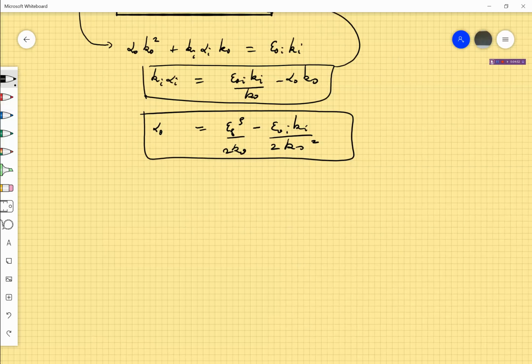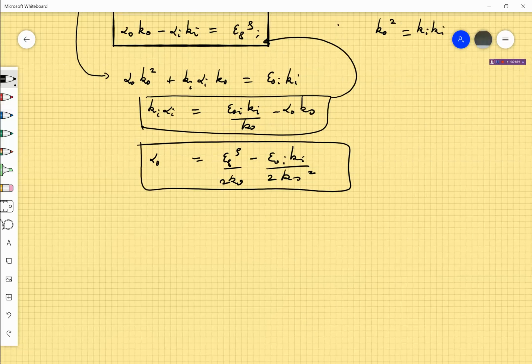Okay, so let me summarize the conditions that we have imposed. On one hand, we have shown that the de Donder gauge implies these 4 conditions, and we also have imposed this condition on the trace, so the polarization tensor is traceless, and we have also imposed that these components are 0.